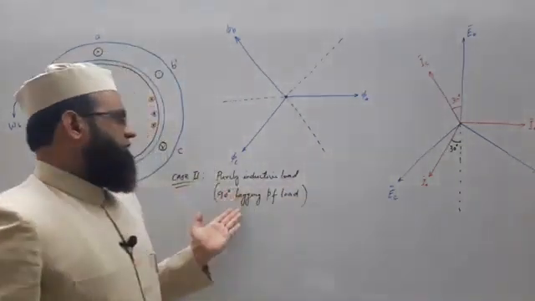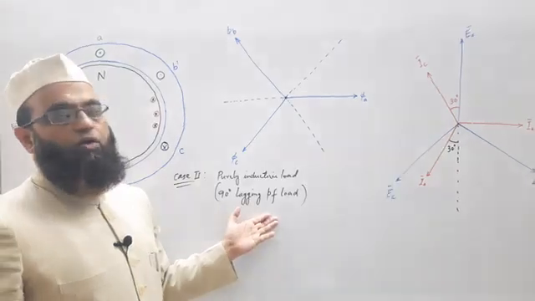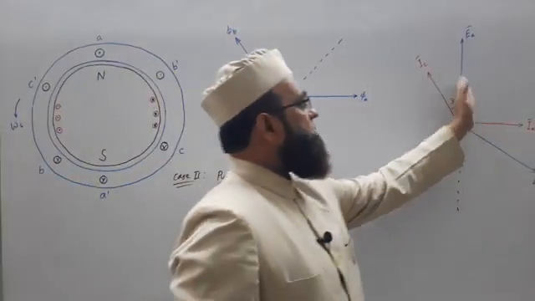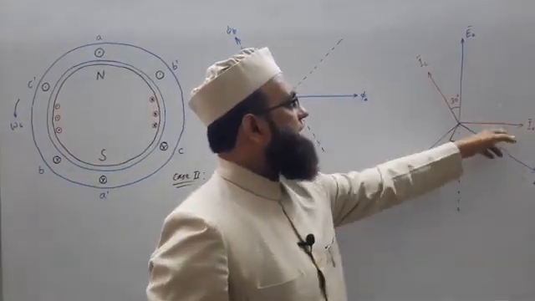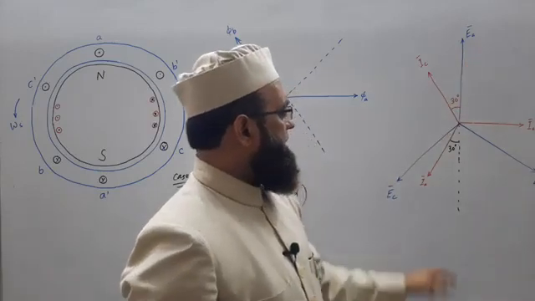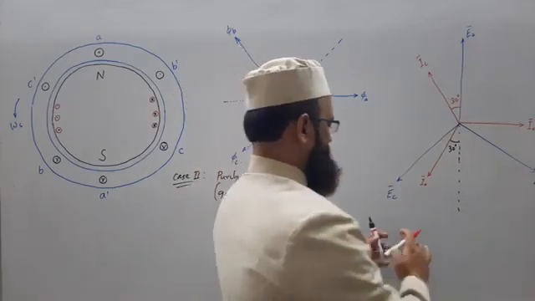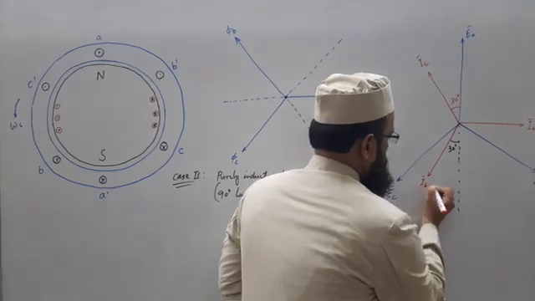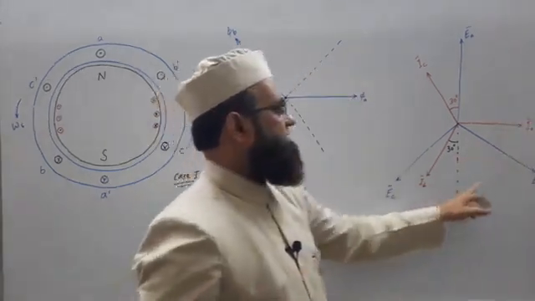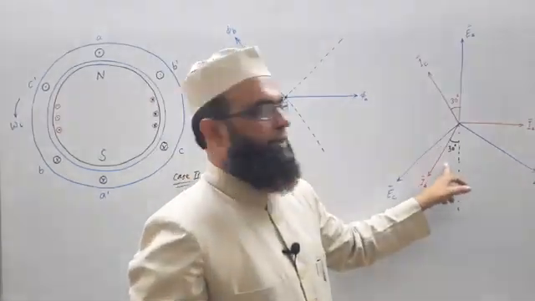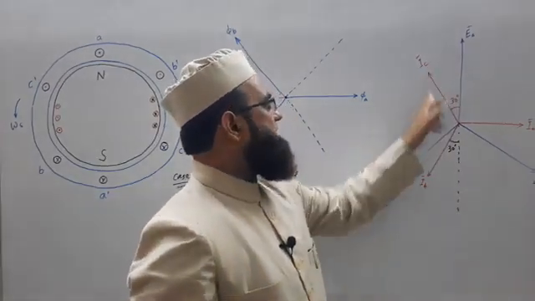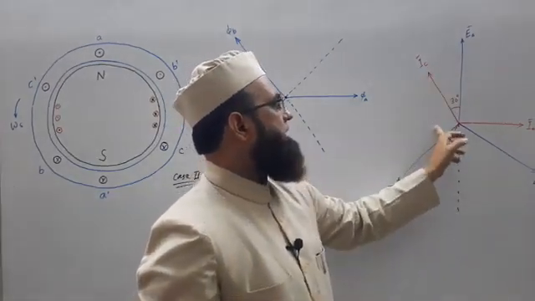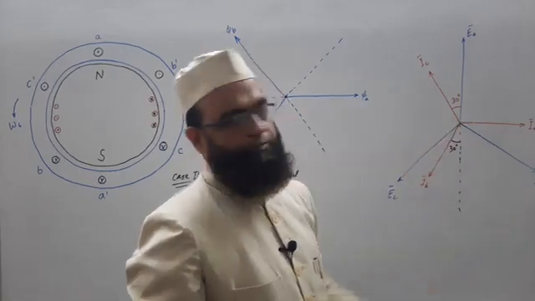For this 90-degree lagging power factor load, current lags the corresponding phase voltages by 90 degrees. IA lags EA by 90 degrees. IB, this will be B. This is IA. So IB lags EB by 90 degrees and IC lags EC by 90 degrees. 90 plus 30, 120, right? Fine.